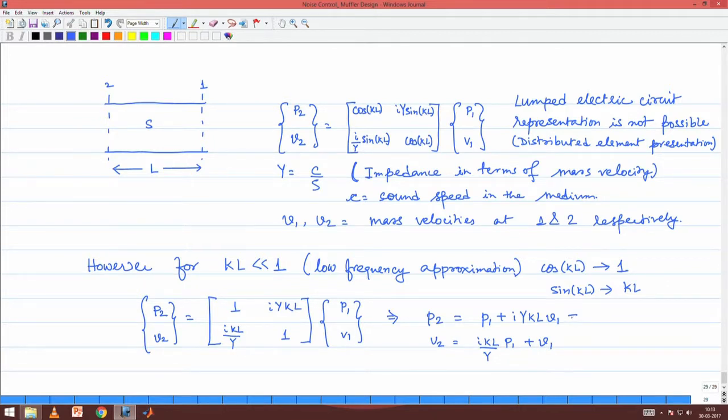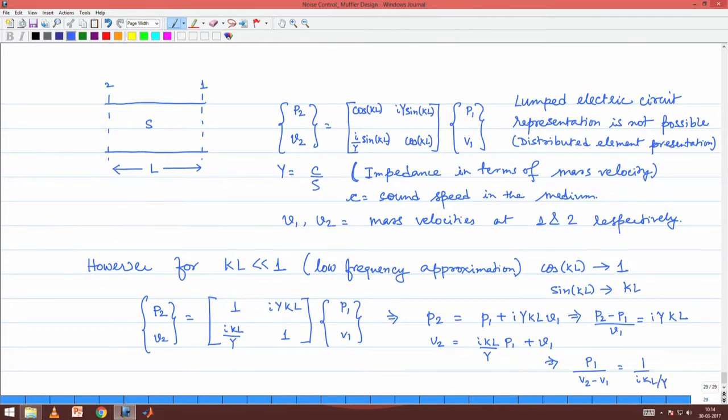The first equation could be written as (P2 minus P1) divided by V1 is equal to iykL, right. The second equation could be written as P1 divided by (V2 minus V1) is equal to 1 by ikL divided by y.